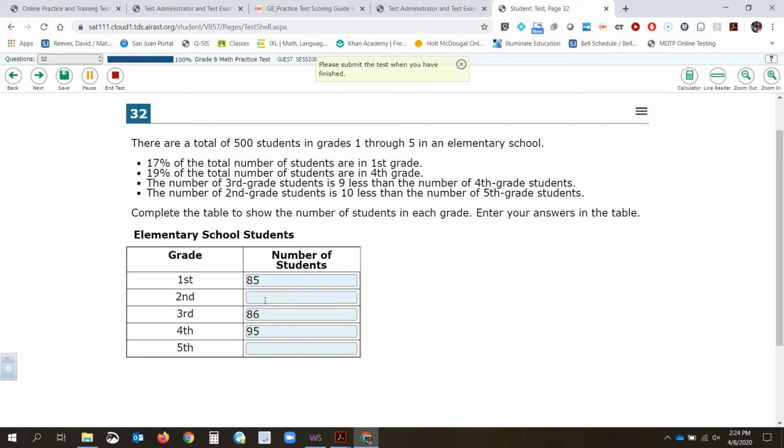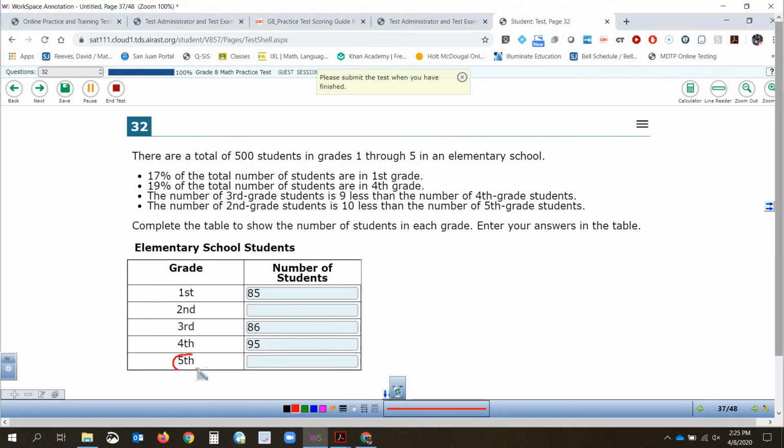All right, we're getting close. We just need second grade and fifth grade. All right, the number of second grade students is 10 less than the number of fifth grade students. Oh, bummer. Why am I saying bummer? What don't I know? I don't know fifth graders, do I? And I don't know second graders.